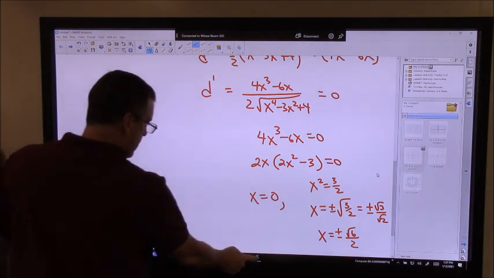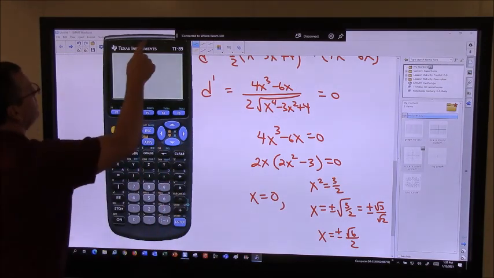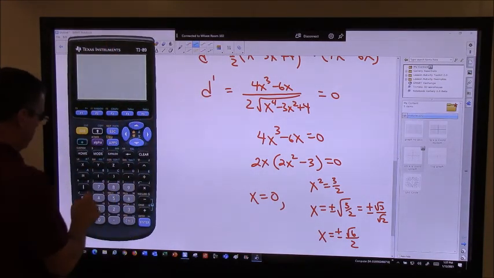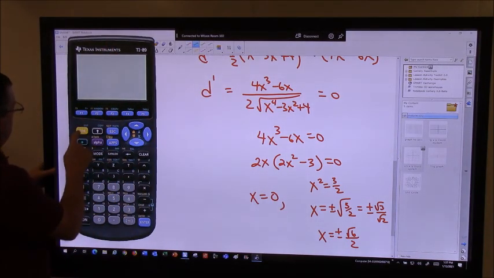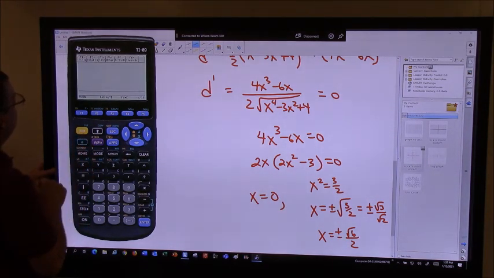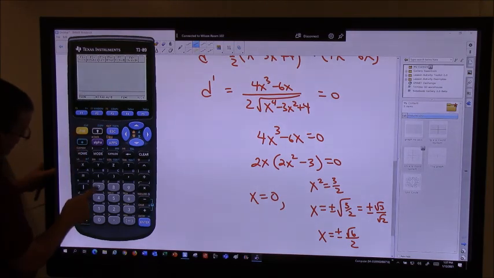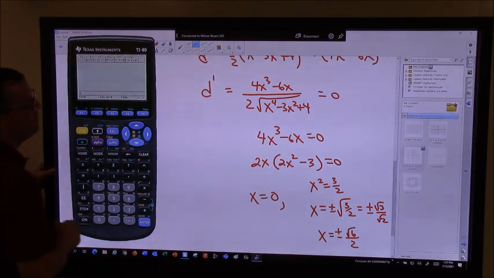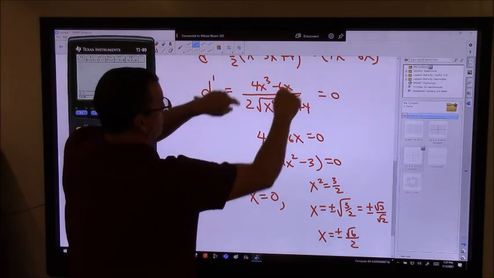All right, so I'm going to grab my TI-89, and I'm going to get the second derivative. So let's turn it on first. Get back to my home screen. And I want to find the derivative of, I've got to put this inside parentheses.